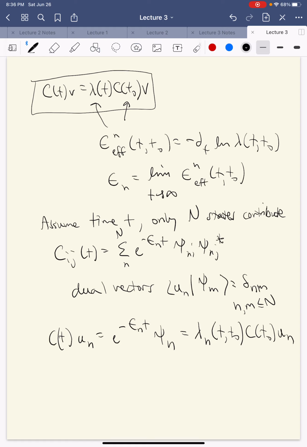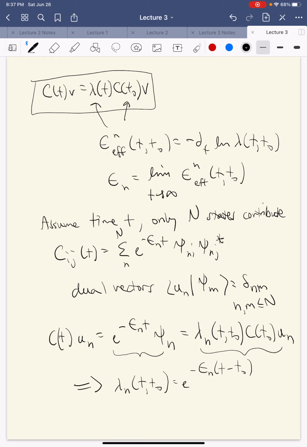But now from this, using that these lambdas are related to these exponentials of the energy, this implies that my lambdas go like e to the minus E_n times (t minus t naught).